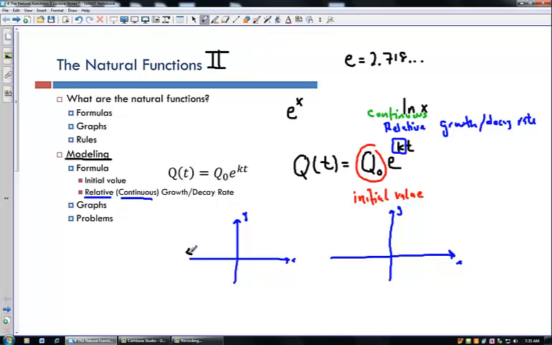It has a horizontal asymptote at y equals 0, and that goes up towards infinity. And here's the second graph. It also has a horizontal asymptote along the x-axis. And one's growth and one's decay. So which one's which? Hopefully you're going to say this is growth, because if you read it from left to right, it goes up. And of course, this one is decay.